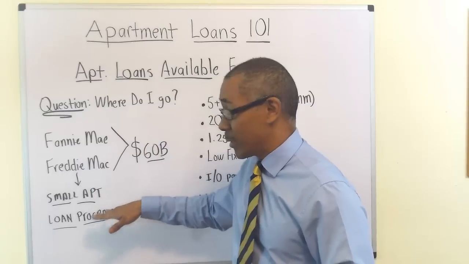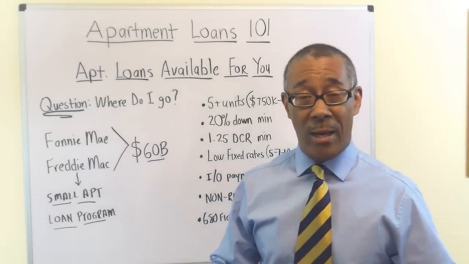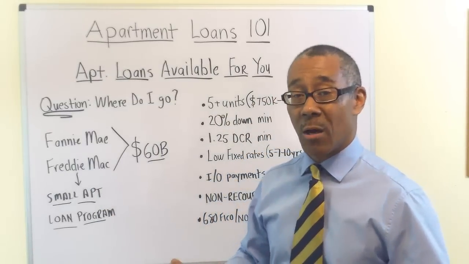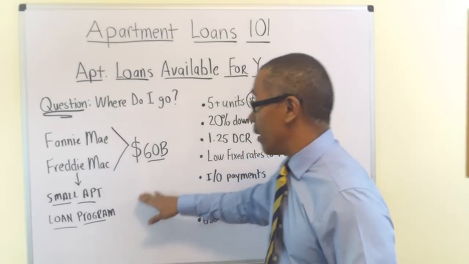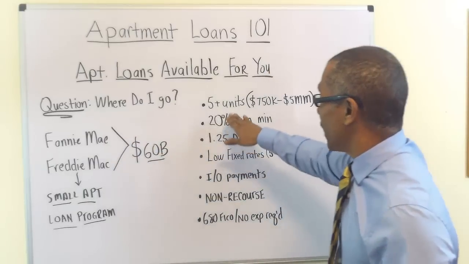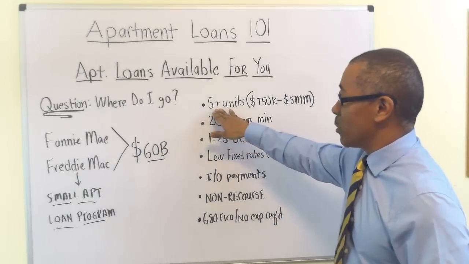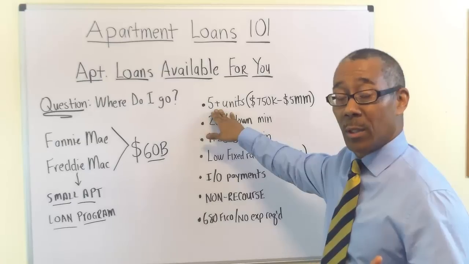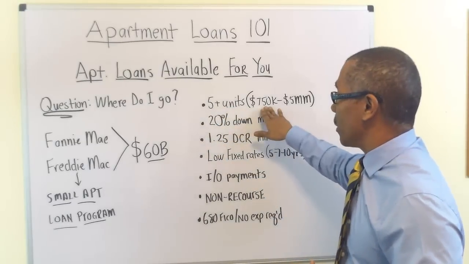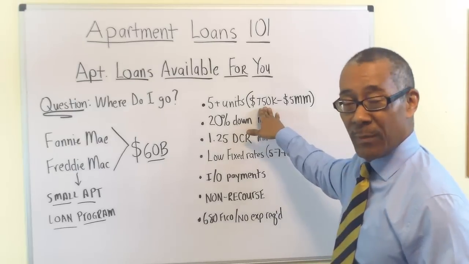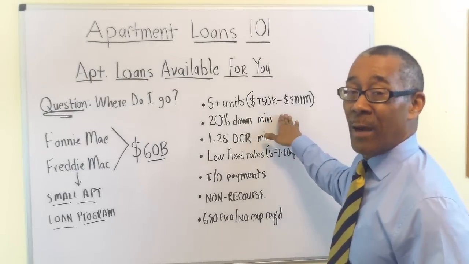All right, as a beginner, I'm going to share with you now what some of the requirements or parameters are on this small loan program from Fannie Mae and Freddie Mac. Number one is it's going to be used for commercial loans, apartments 5 units and greater. Loan amounts minimum of $750,000, maximum of $5 million.